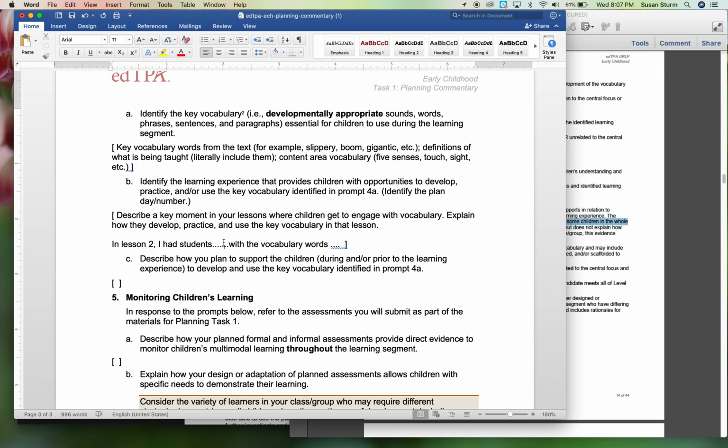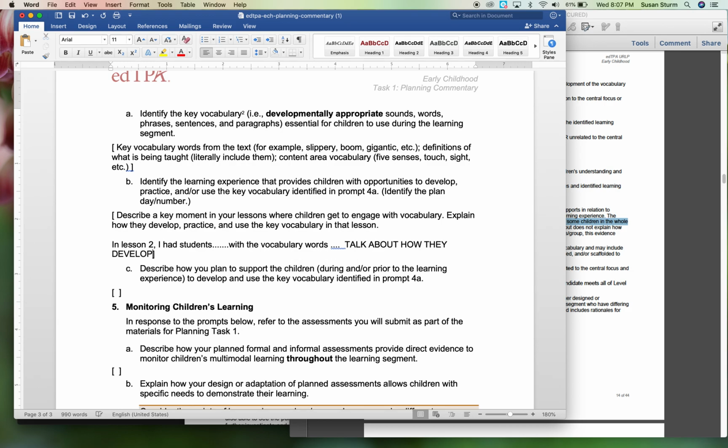So talk about those 3 different things. Talk about how they develop, practice, and use vocab. So this is not one or the other. You have to talk about all of them.